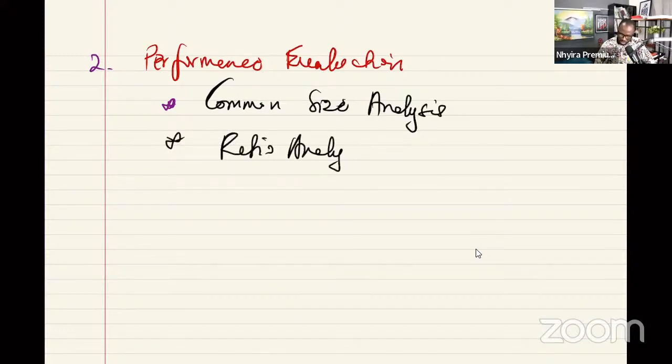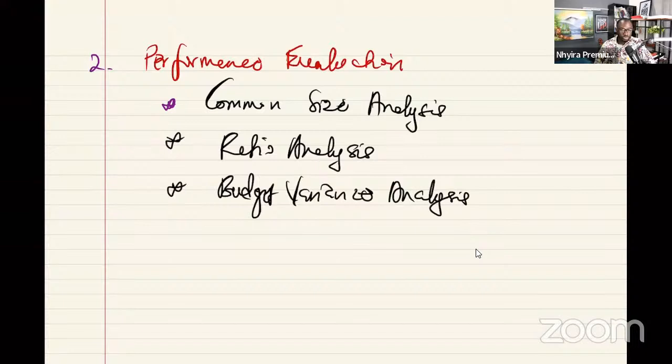And then we have what we call the budget variance analysis. These are the 3 key things that we are going to be looking out for when it comes to performance measurement. But most importantly, common size analysis is not a big deal like that. But the ratio analysis is a huge deal.